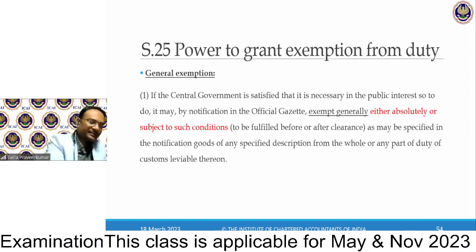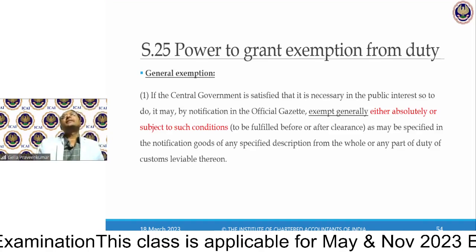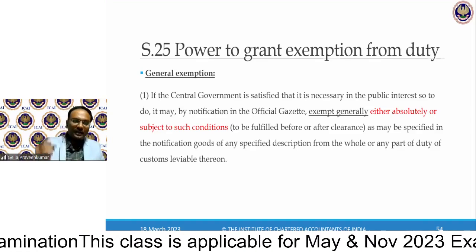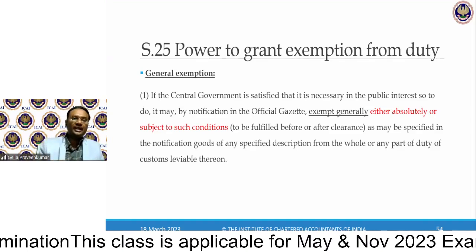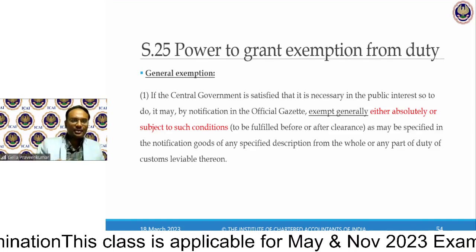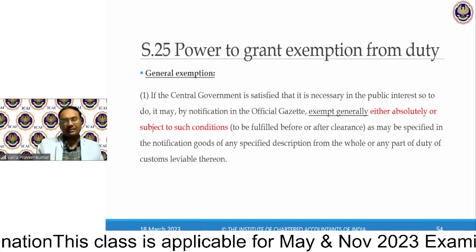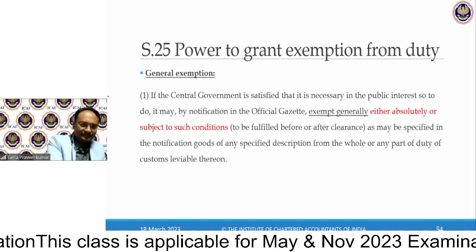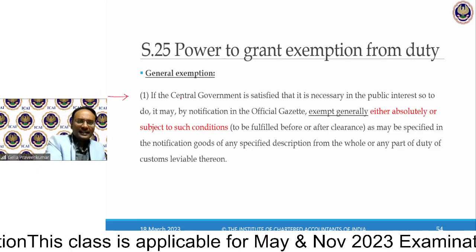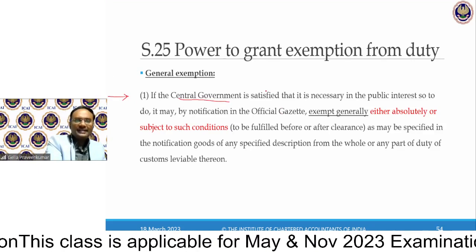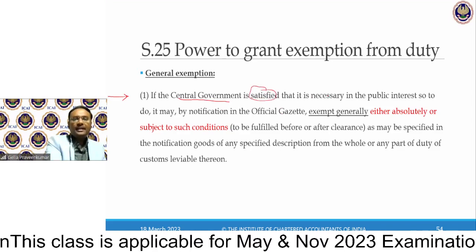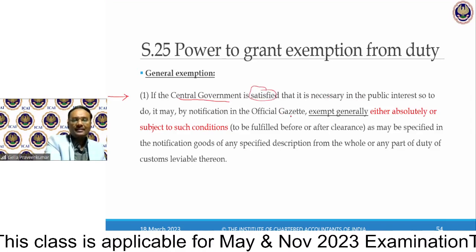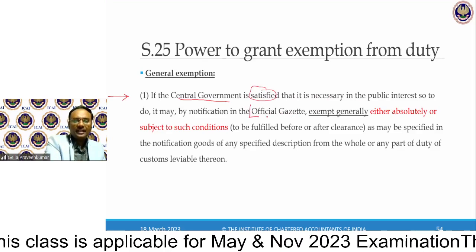Exemption provisions. I was referring to the interpretation of statutes, how an exemption notification has to be read. The purpose of an exemption notification is covered under Section 25. Exemption under Section 25: when the central government is satisfied that it is in the public interest, it gives an exemption notification in the official gazette.